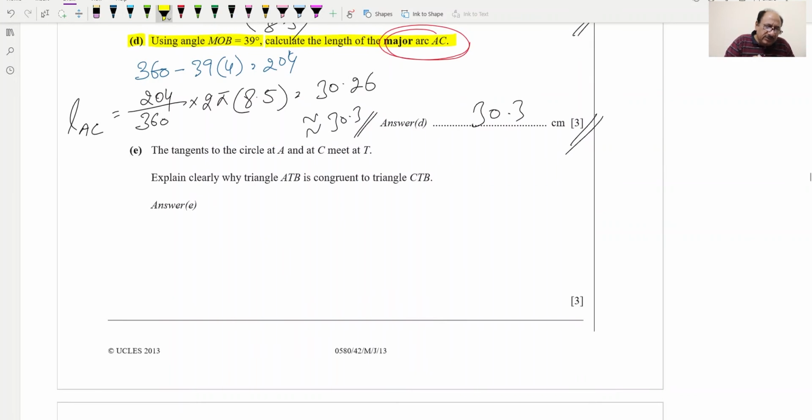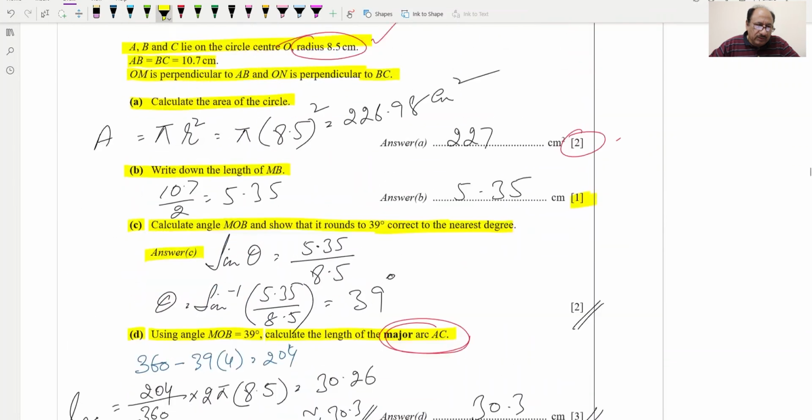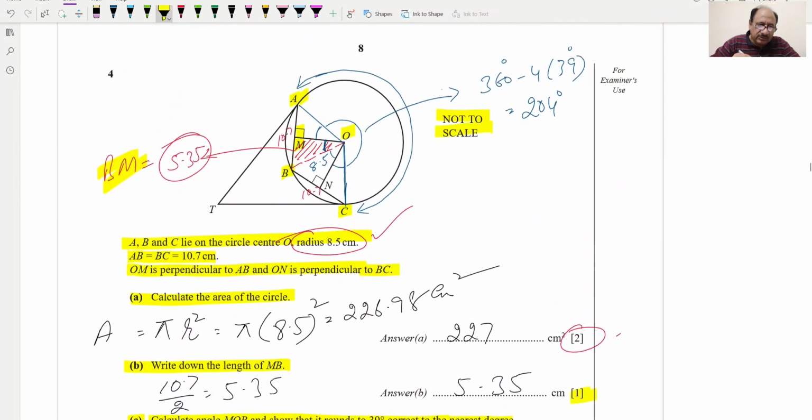Now part E says the tangents to the circle at A and C meet at T. Explain clearly why triangle ATB is congruent to triangle CTB. So these are basically the triangles ABT and BCT. We can draw the triangle and understand where that triangle is.